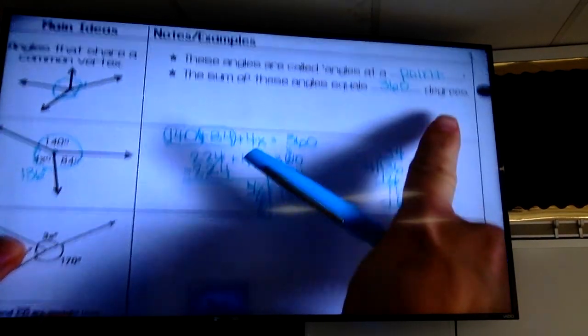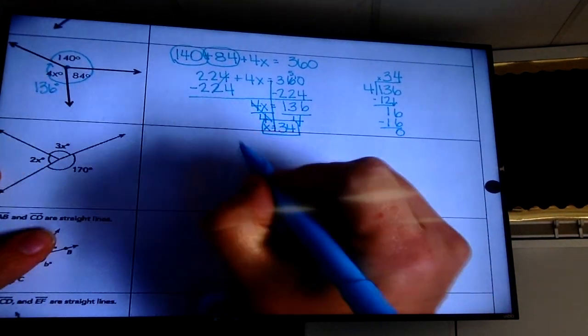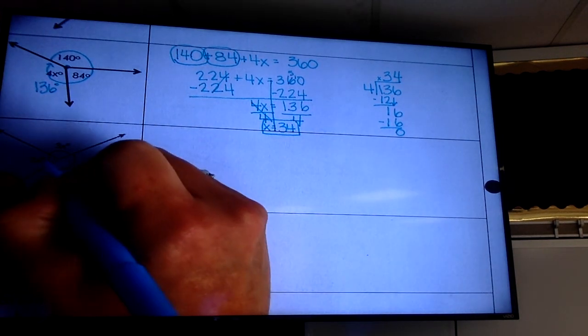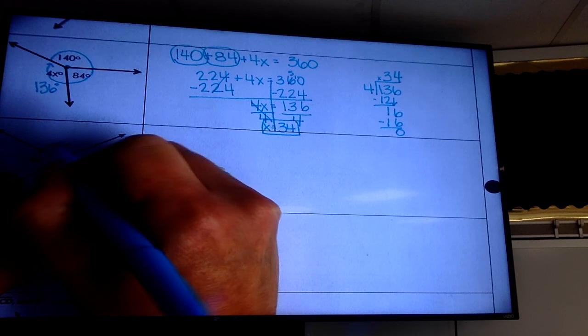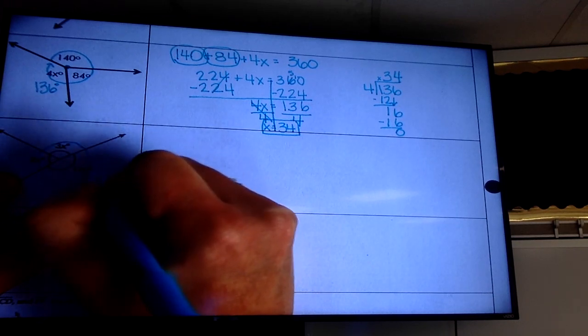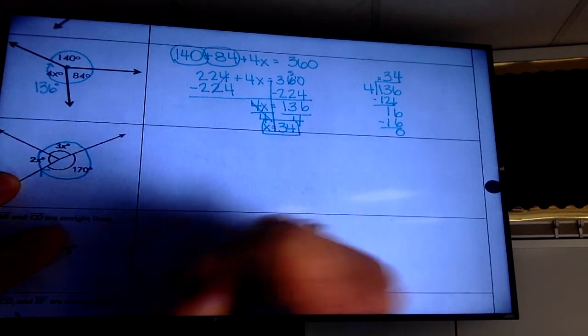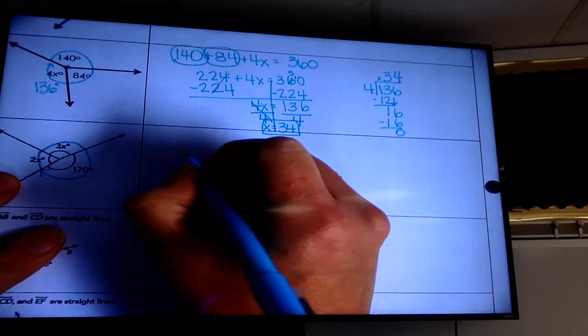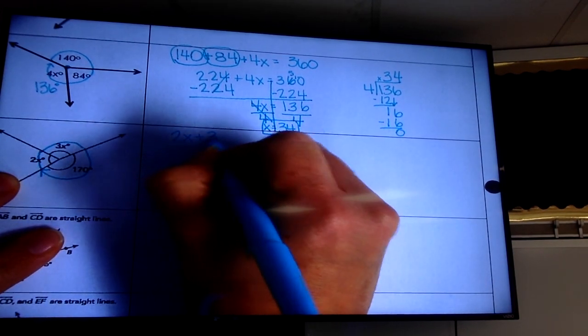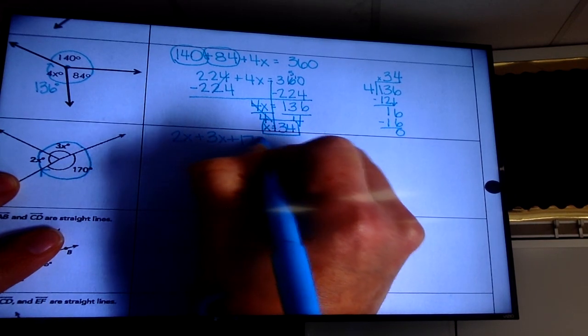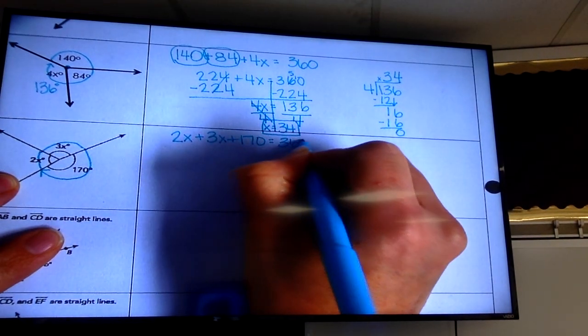Using our idea of angles around a point, we're going to say that this angle, 2x, plus this angle, 3x, plus this angle, 170, all together form a 360 degree circle. So 2x plus 3x plus 170 equals 360 degrees.